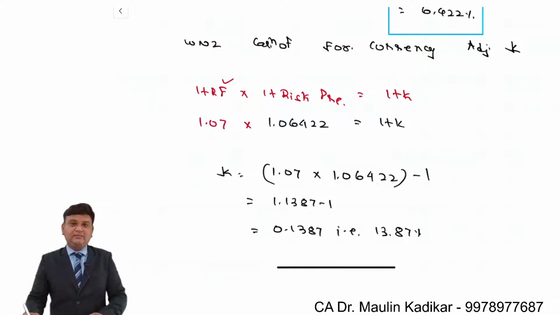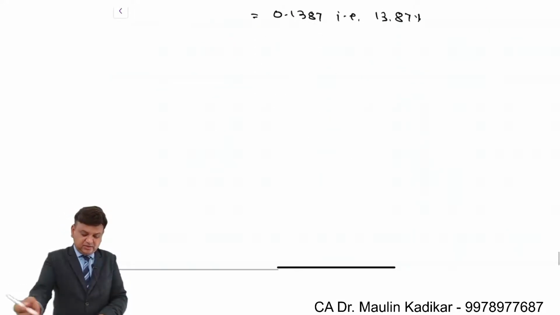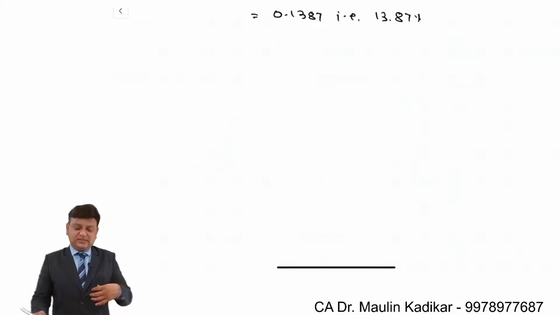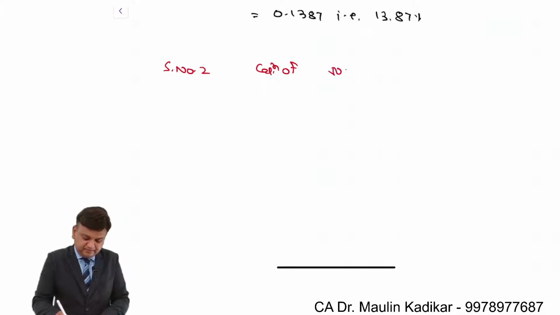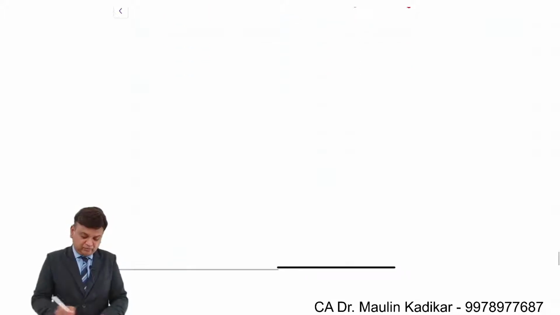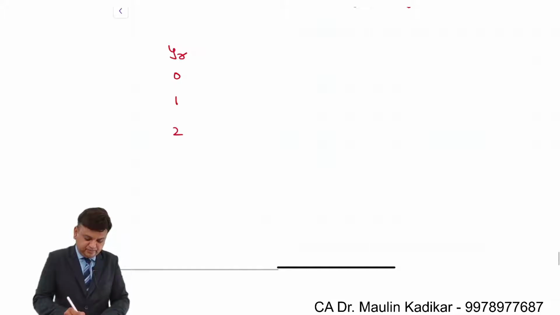So once we make the computation of the risk adjusted required rate of return or foreign currency adjusted cost of capital, step number 2 will be calculation of the NPV in East African dollar term. So friends, what will happen? Year 0, year 1, year 2. Cash flows in East African dollar currency.